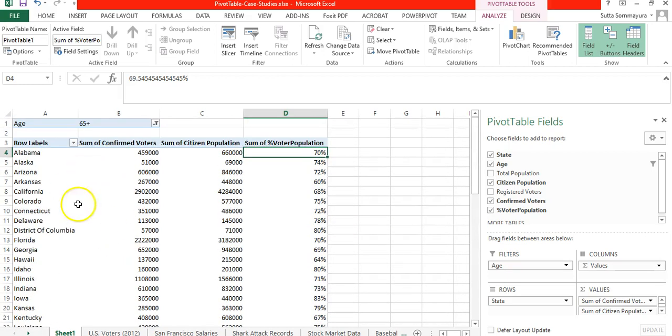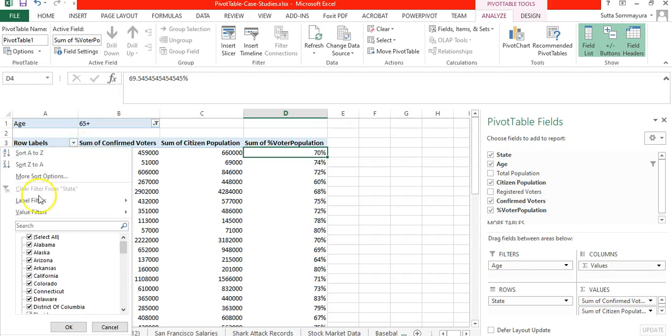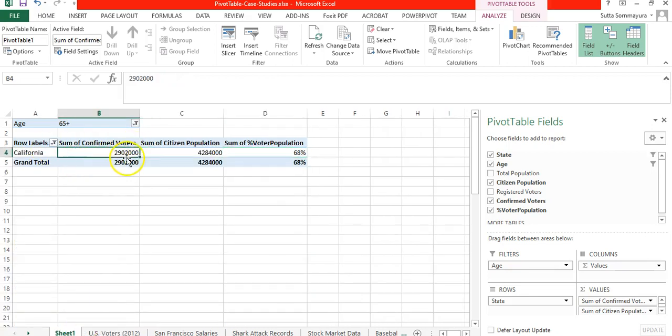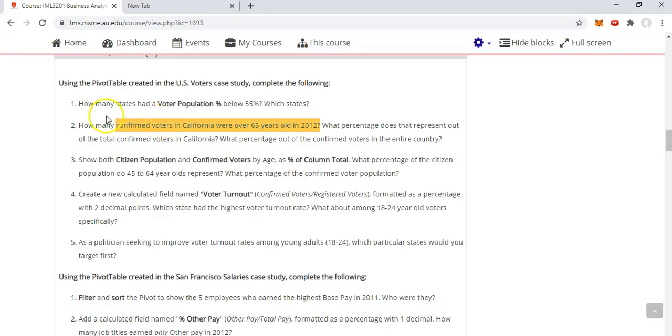So you can do just only one state. Okay, so this is the answer for the first question here: 2,902,000.